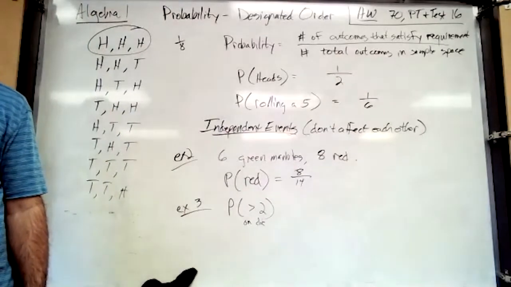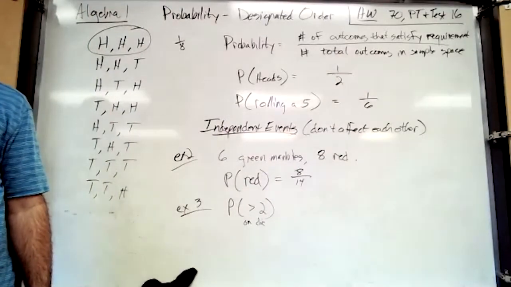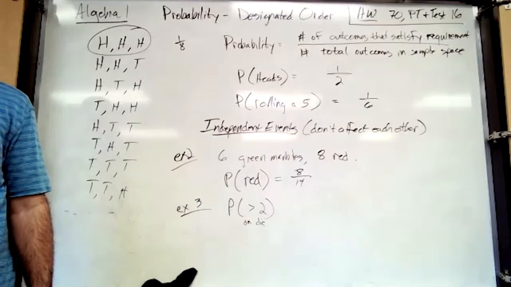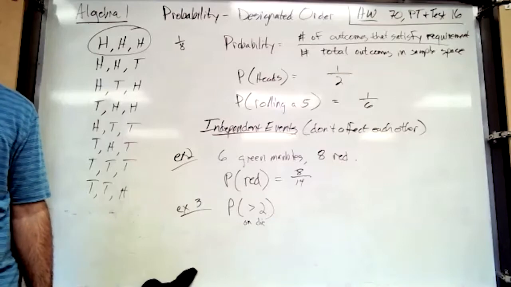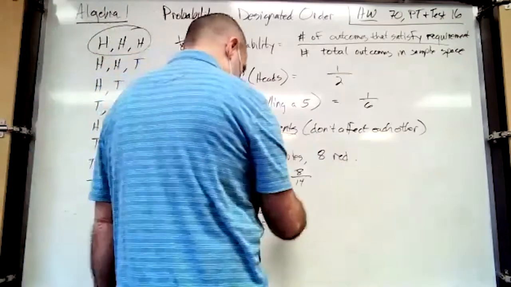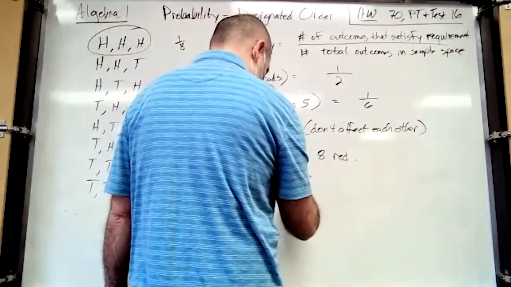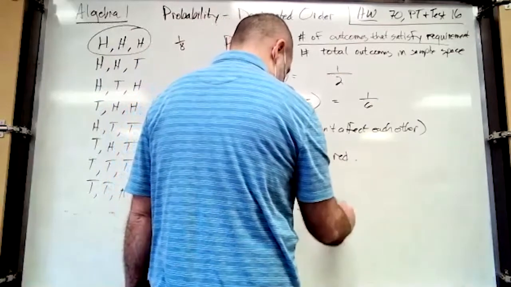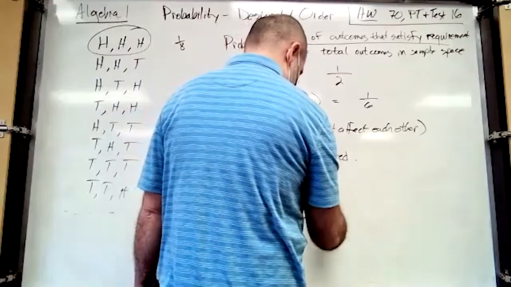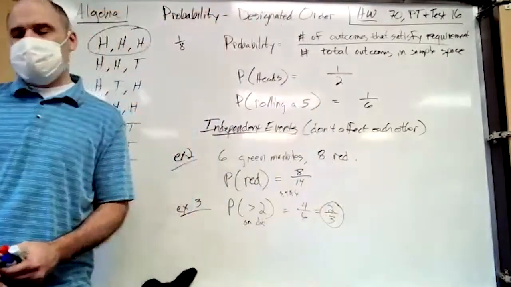Anyone know? Well, how many numbers on a die are greater than 2? Elkin? 4. Yeah, you got 3, 4, 5, and 6. Would it be 4 out of 6? 4 out of 6, and just like any fraction, you can reduce it to 2/3. Good job.